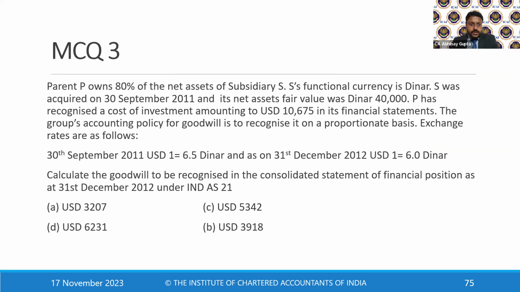Let's do this MCQ. Parent P owns 80% of the net assets of the subsidiary S. So P is the parent, S is the subsidiary, and it owns 80%, right?